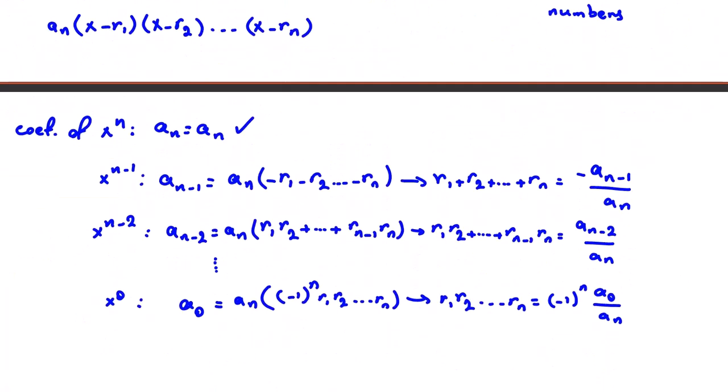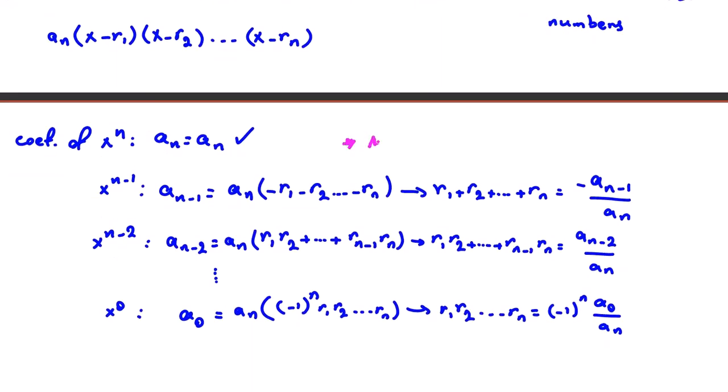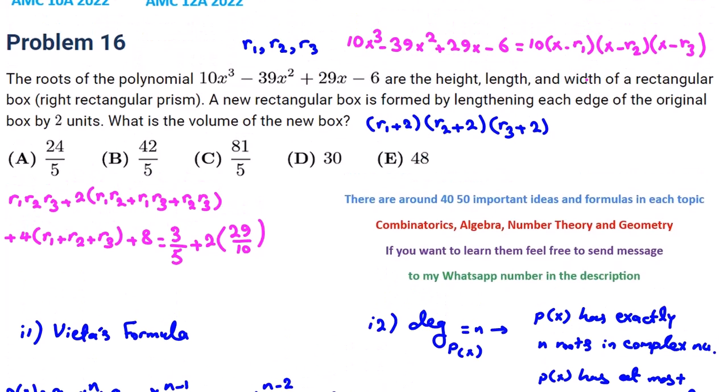It's better to memorize it, but if you forgot this, you can use this trick to find the R's. So, next one is 4 times R1 plus R2 plus R3, coefficient of x squared, negative 39, so negative 39 over 10. And plus 8.